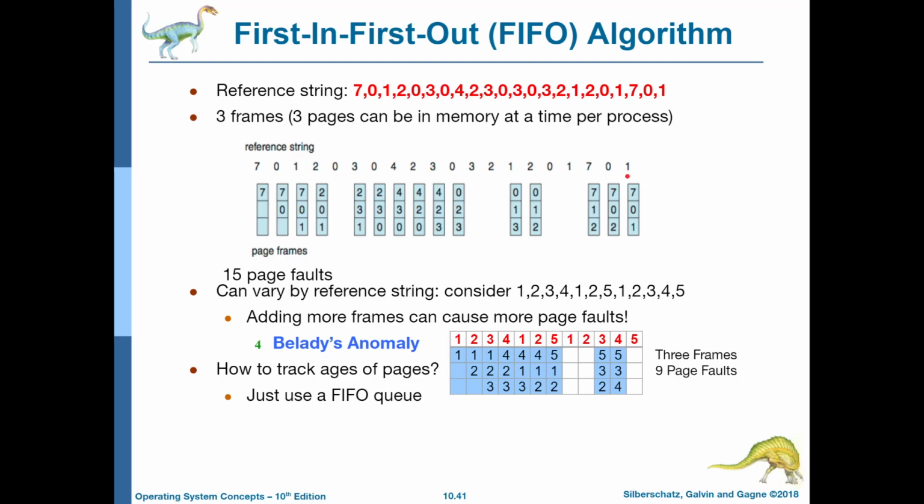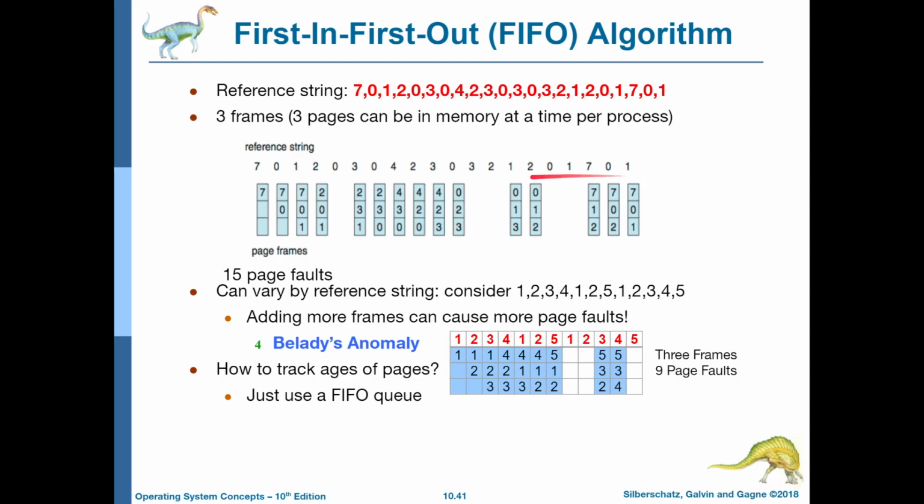So hopefully you were able to see that there is quite a bit of inefficiency in this first in, first out algorithm. It is not uncommon for pages to be swapped out that may get swapped in very soon or maybe immediately afterwards. So first in, first out is a simple algorithm, but is also very inefficient.